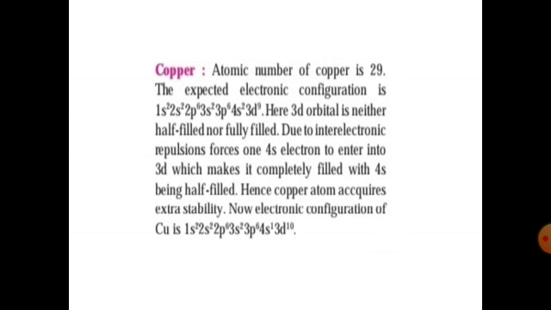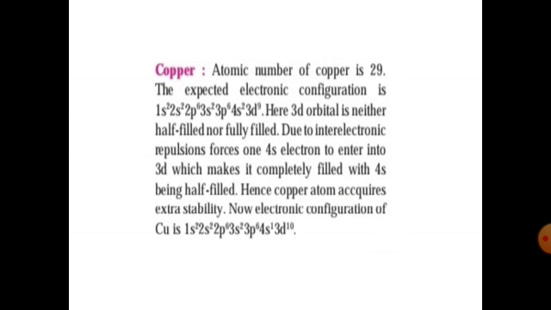Completely filled means it will become 3d10 and 4s becomes 4s1. Hence, the copper atom acquires extra stability. Now the electronic configuration of copper is 1s2, 2s2, 2p6, 3s2, 3p6, 4s1, 3d10.